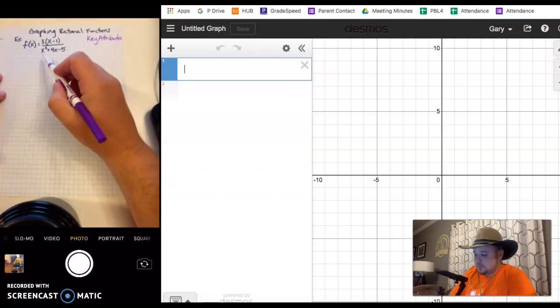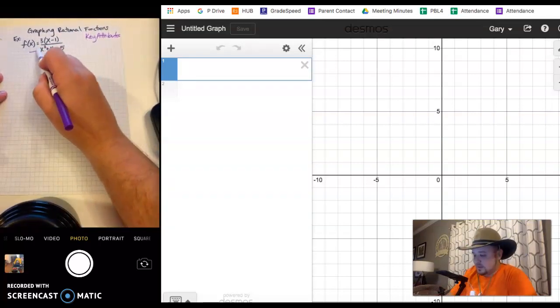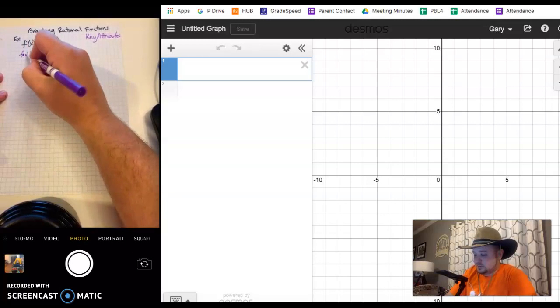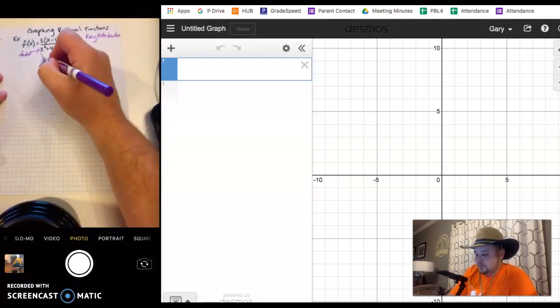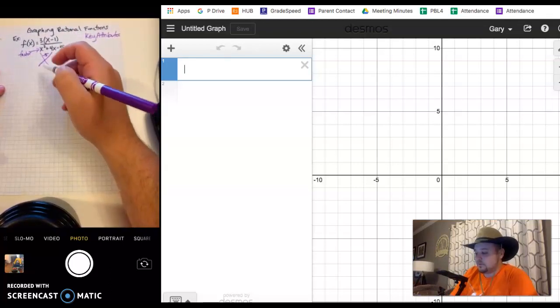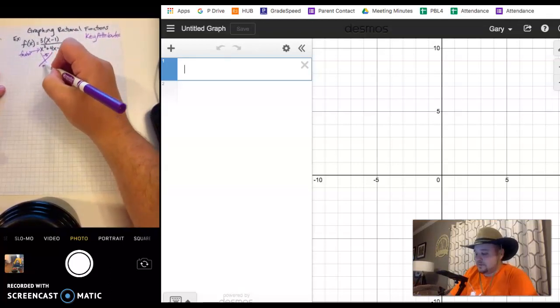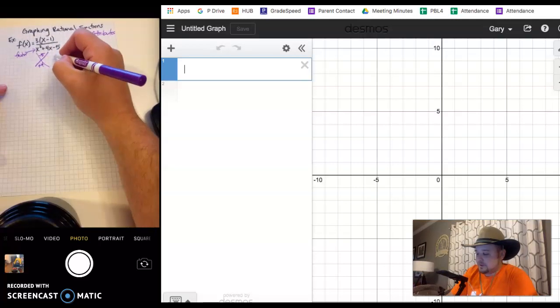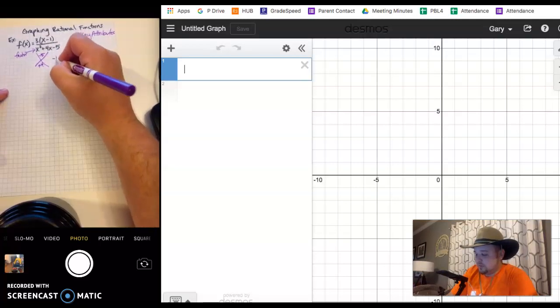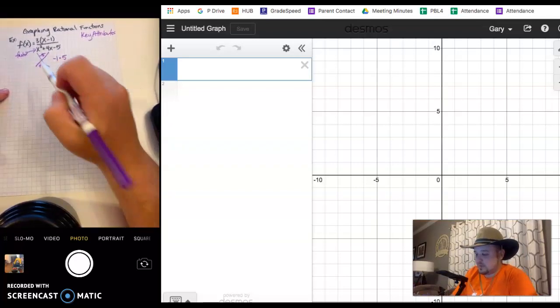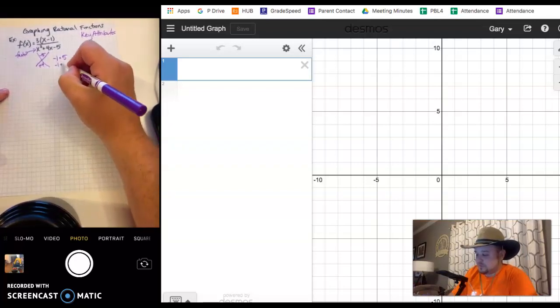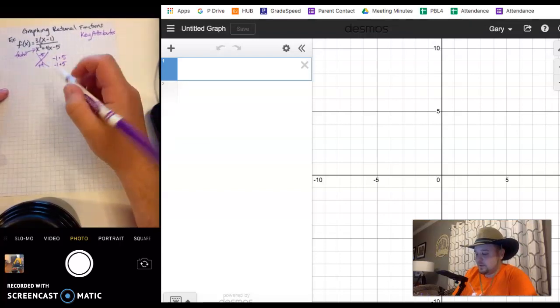Last week you guys had lots of problems like this, and your job was to factor the bottom. Okay, so let's try that. We're going to factor the bottom, looking for numbers that multiply to give you -5, add to give you +4. So spoiler alert, I think that's going to be -1 times 5, right? -1 times 5 will be -5, and then -1 plus 5 will give us the +4. So that's going to be good.